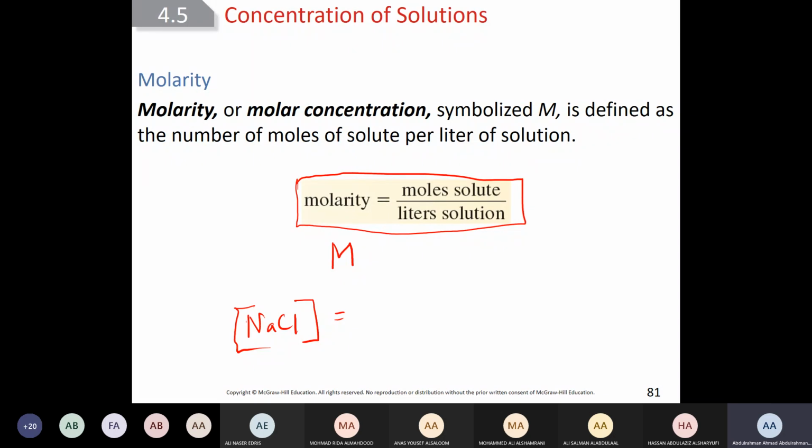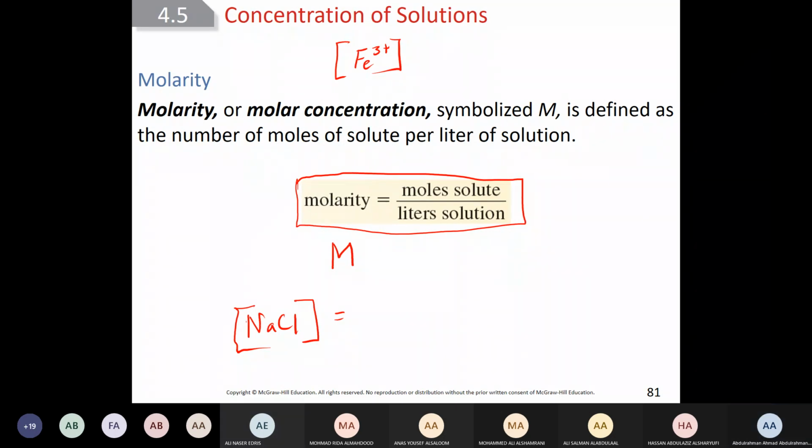When we put the compound or the ion inside two big brackets, this also means molarity. So what do I mean by this? Concentration or molarity of what? Iron cation, iron 3+. Is this clear?